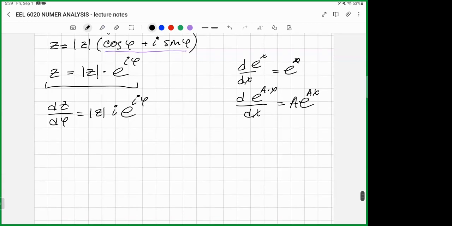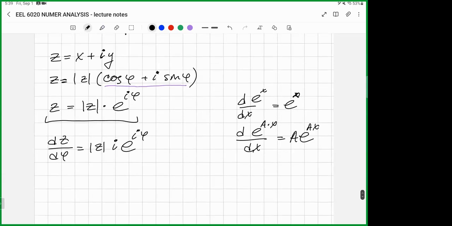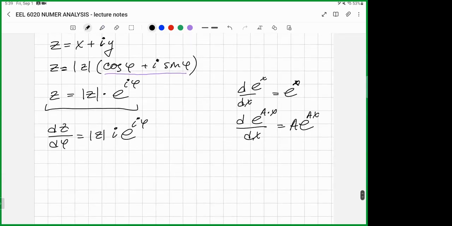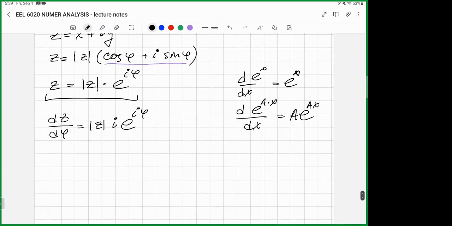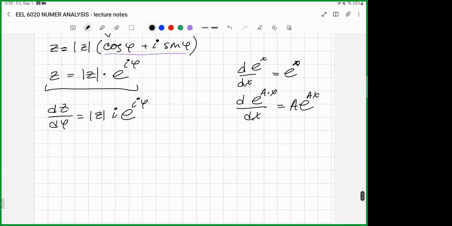So instead of taking the derivative of sine, cosine, etc., it becomes very simple, especially if you have multiple terms with many complex numbers.